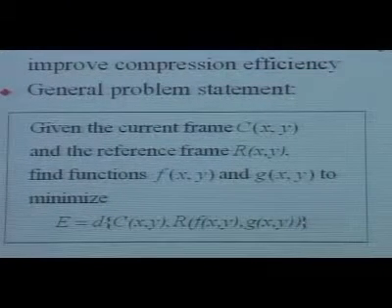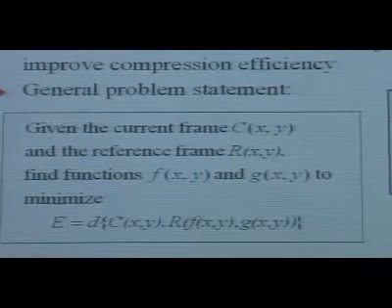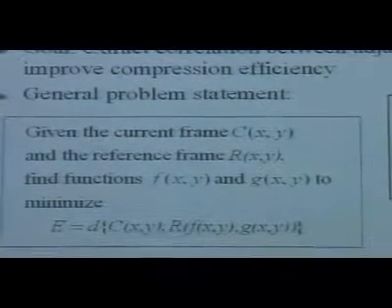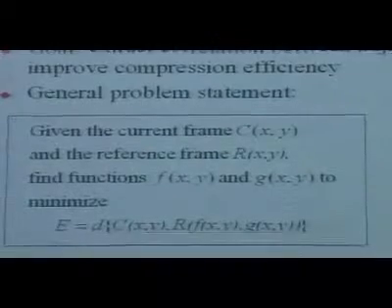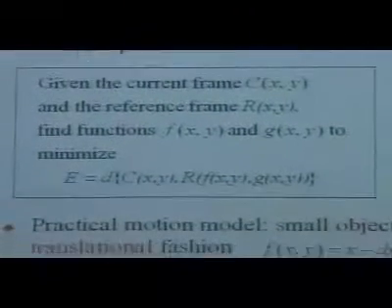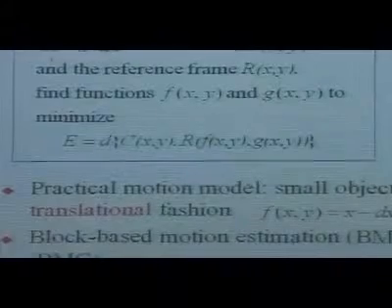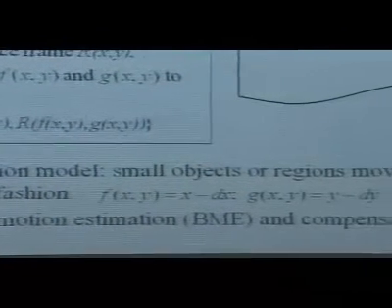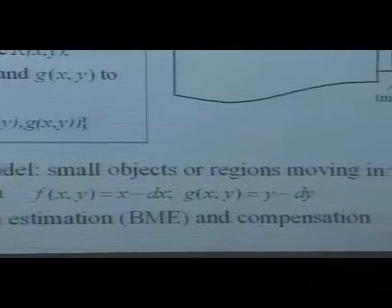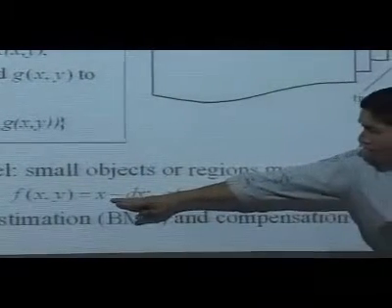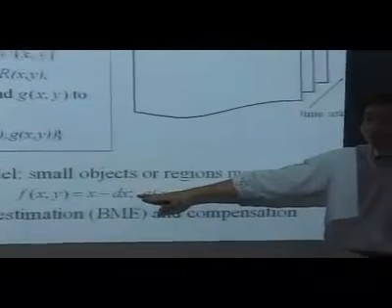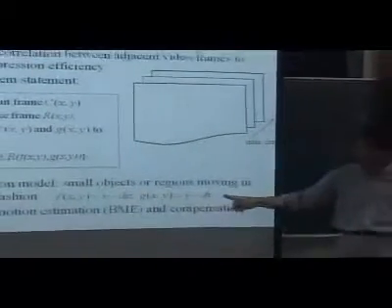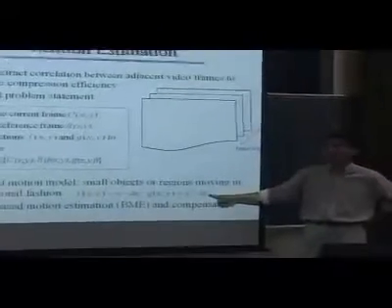Now, there are so many different functions that you can take for f and g. But the translation model means f(x,y) is equal to x minus dx, and g(x,y) is equal to y minus dy. Basically this is telling you that the object is moving away in the x dimension by this much, and in the y dimension by this much.